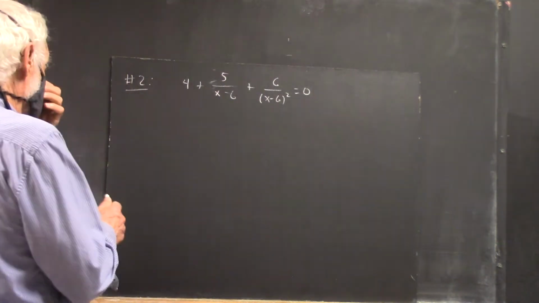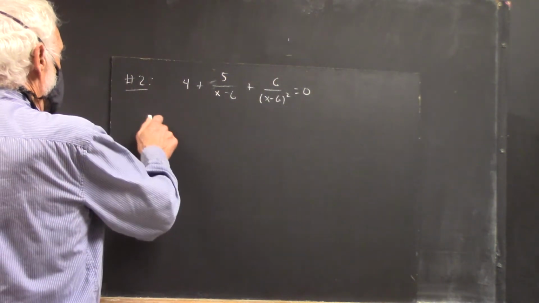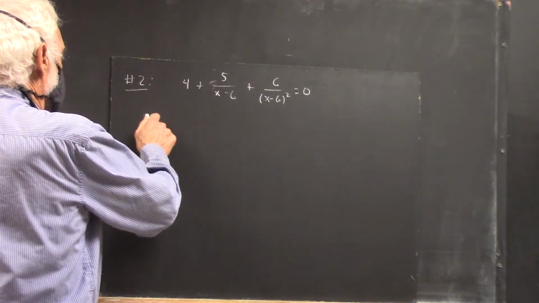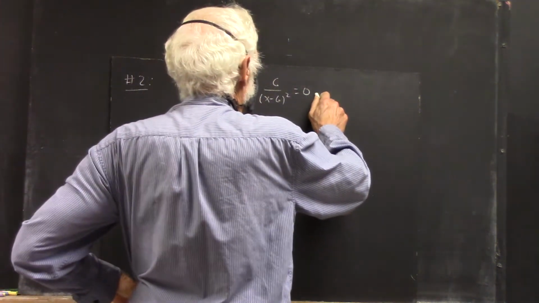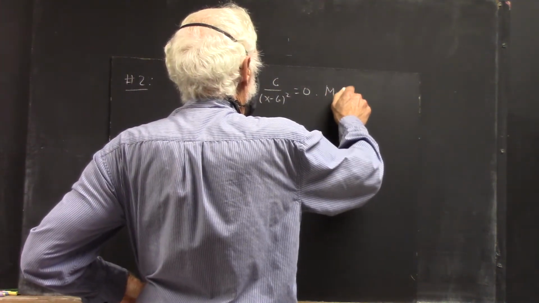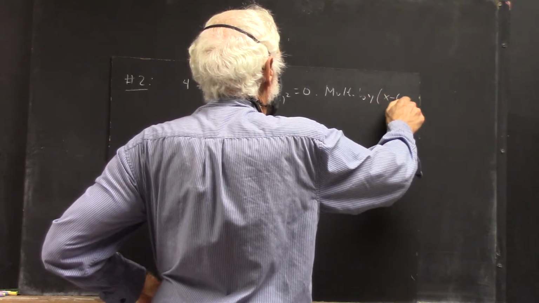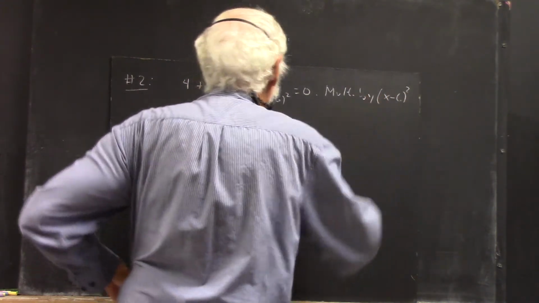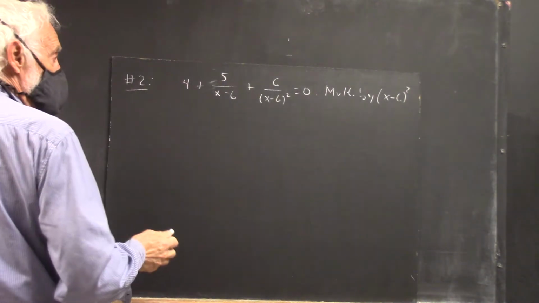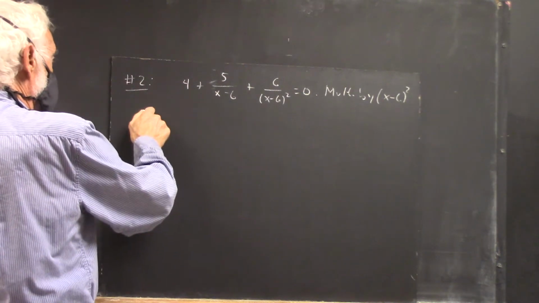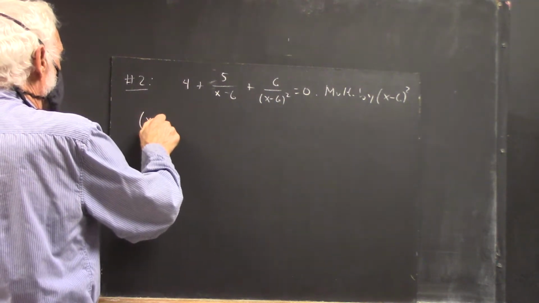Well, let's see how that works. We haven't seen one like this, although they have occurred in homework. So we multiply both sides by x minus 6 squared. And let's write it out just as it is.